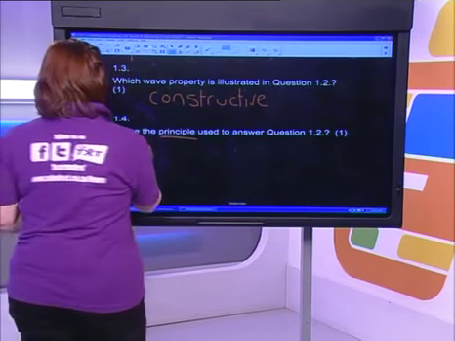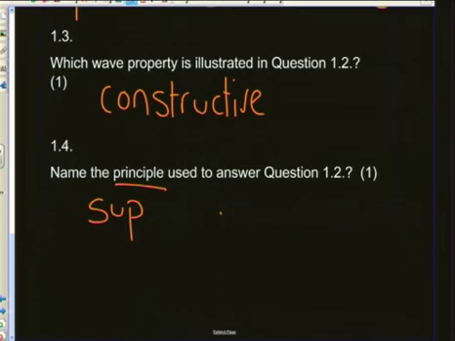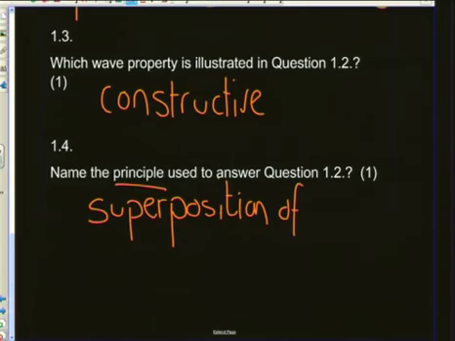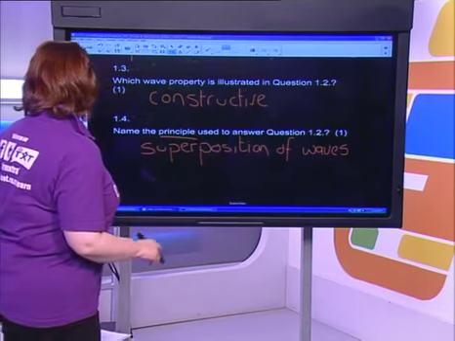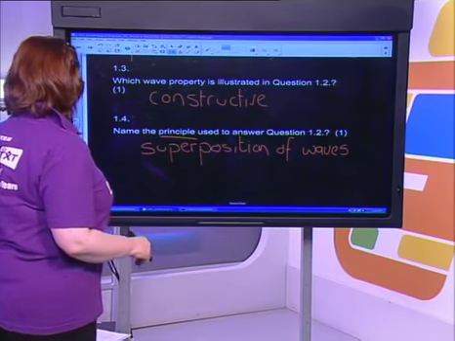What theory did we use? And the principle here is the superposition of waves. That's the nice fancy term for interference of waves. Okay, next question.